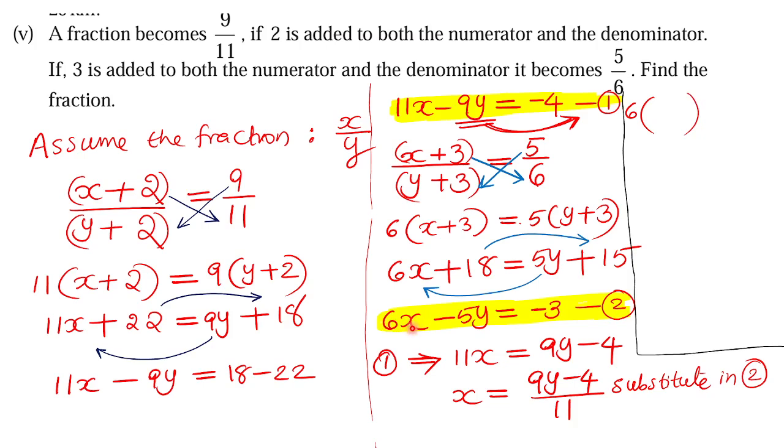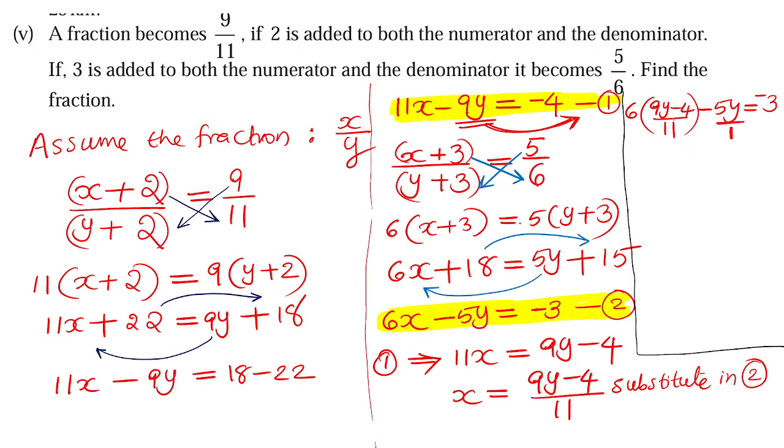X is 9y minus 4 by 11. Then minus 5y is equal to minus 3. So very simple thing. I got the value of x, and that x I am going to substitute in the second equation.